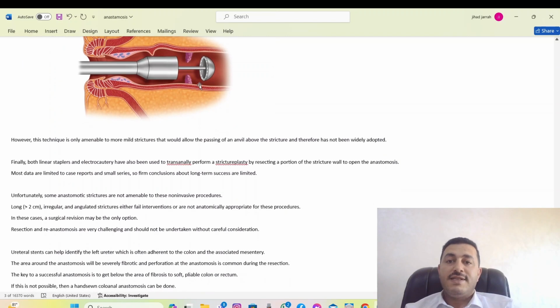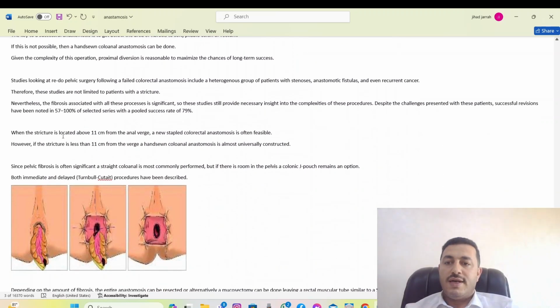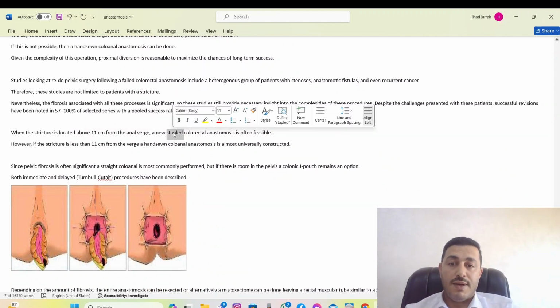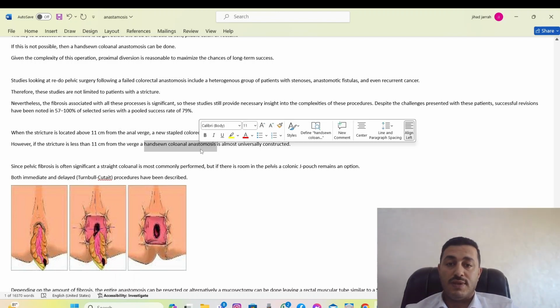Okay, this should be low. In general, you can see that for those located above 10 centimeter from the anal verge, we can use the circular stapler. For those less than 10 centimeter from the anal verge, we can use hand-sewn coloanal anastomosis.